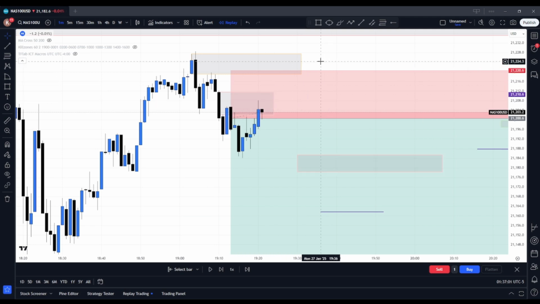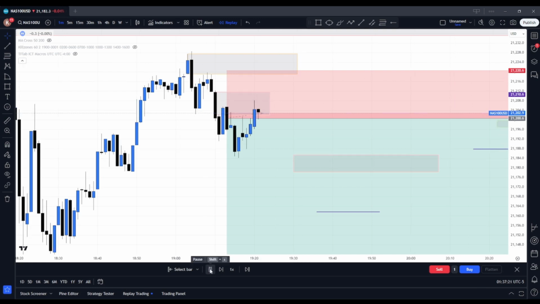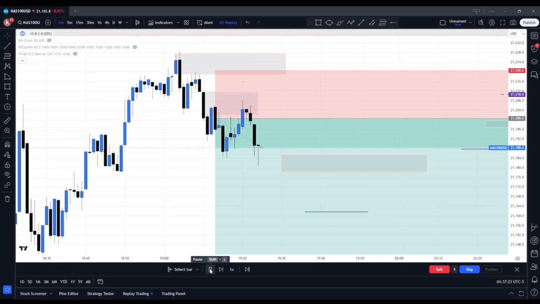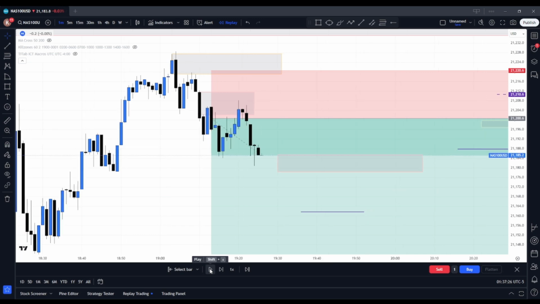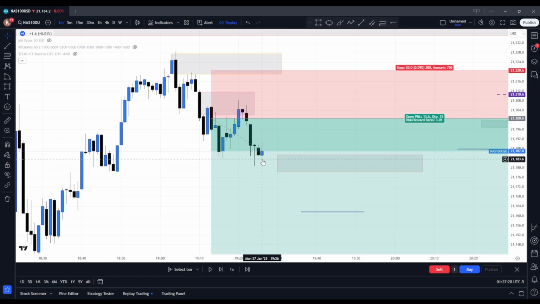So I want to see it only get tapped one time, and then we continue to create that lower low or higher high or whatever it is. If it gets tapped in twice, alright, it's gonna be lower probability, but I would still probably take that trade. If it gets tapped in more than 2 times, then that area is more than likely gonna get broken out. At this point, we're seeing follow through.